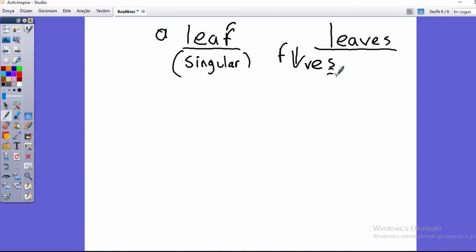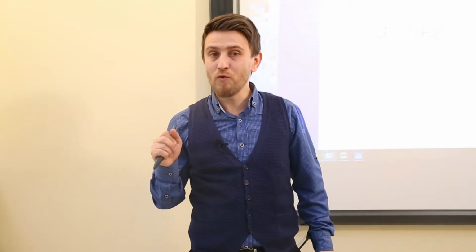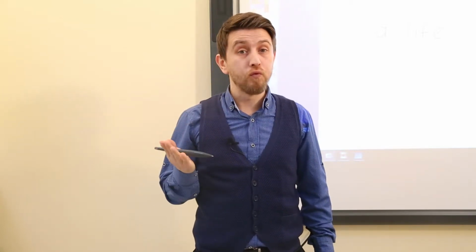For example, a life. To make the plural form of life, here again F drops and we add VE and S, lives. We have also an animal that is ending with F, a wolf.